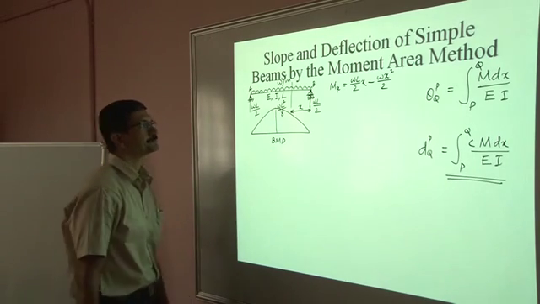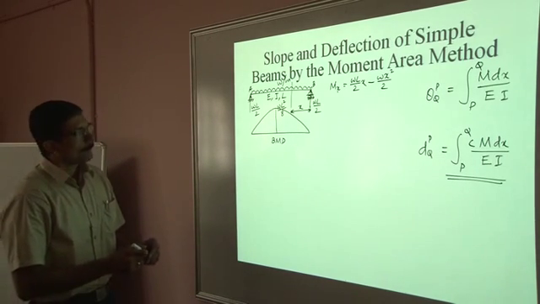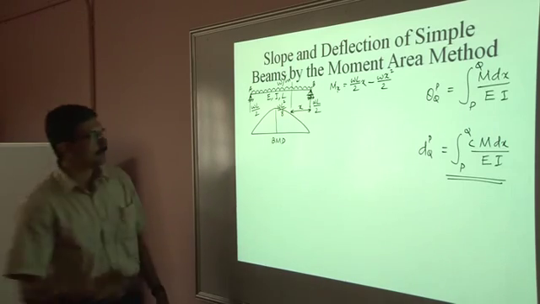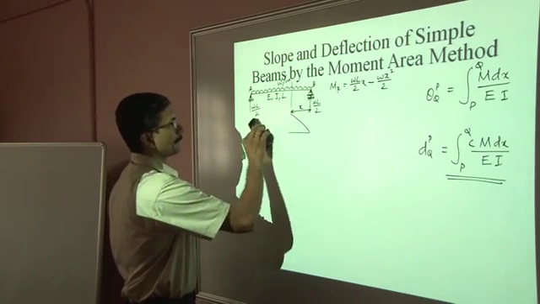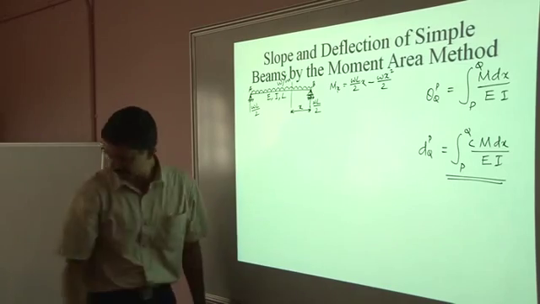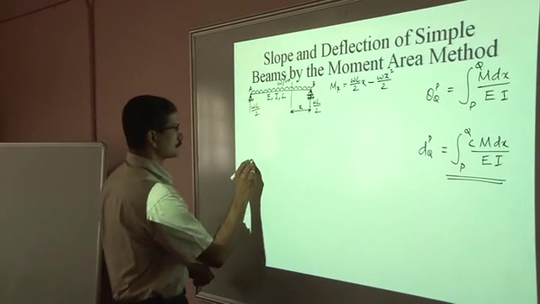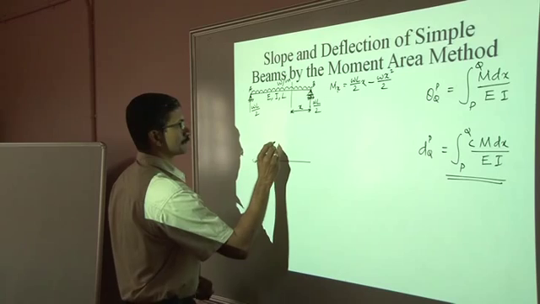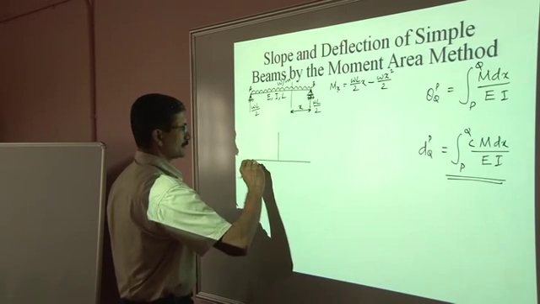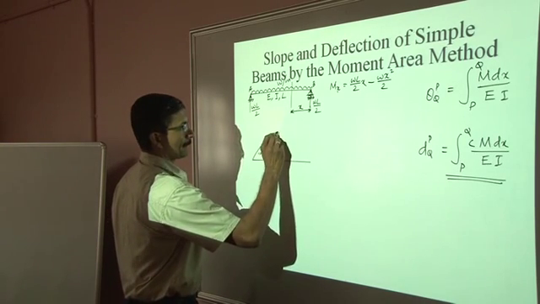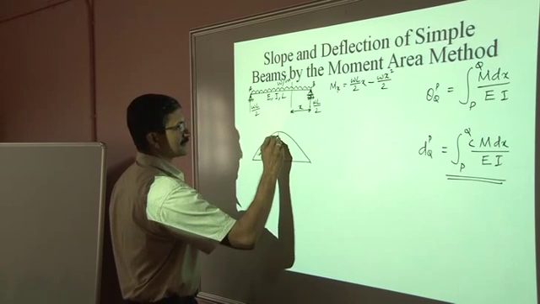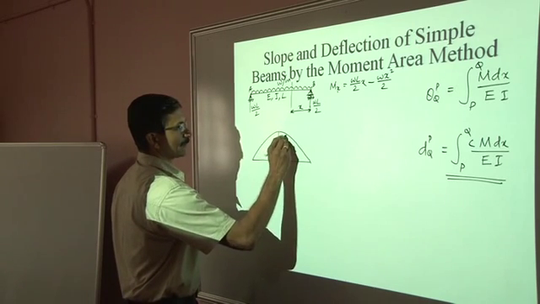Now here, let me draw the bending moment diagram a bit below. Center, like that, W L square by 8.